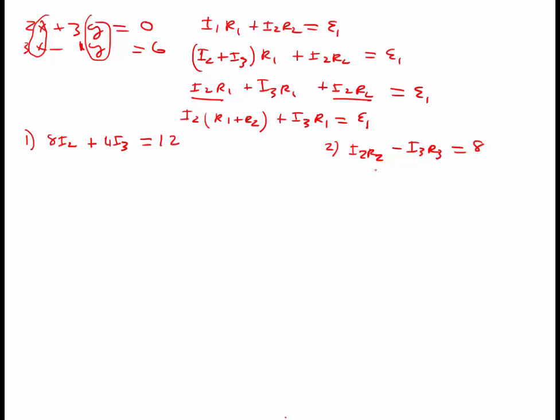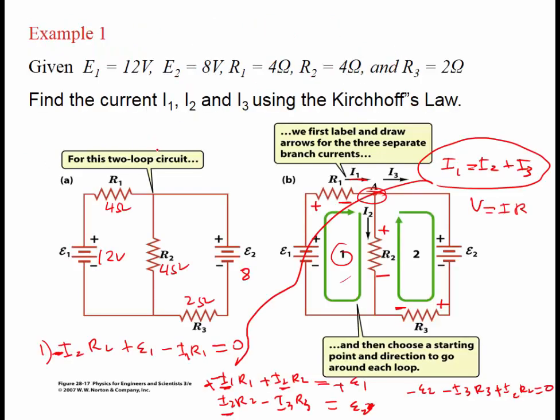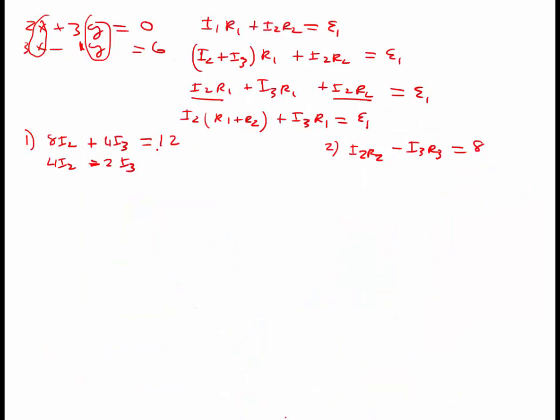So if we substitute for R2, this will be 4. So this will be 4 times I2, right? Minus 2 times I3, and then that equals to 8 volts, right? That equals to 8 volts. Okay.